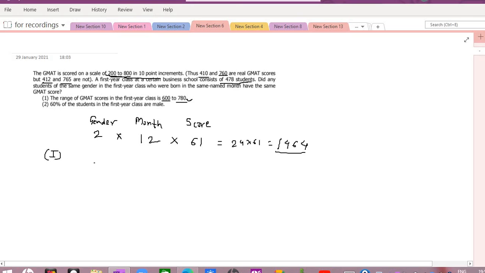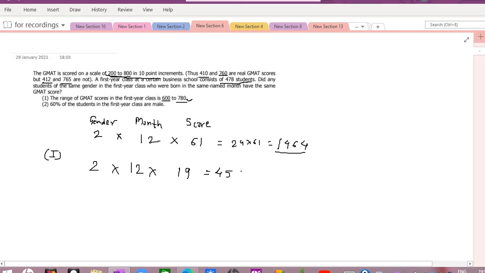Again, I'm keeping the same thing: gender is 2, months are 12, and then score. Now 600 to 780, how many scores are going to be there? If you calculate, you will have exactly 19 different scores: 600, 610, 620 up to 780. When you multiply, you will get 456.